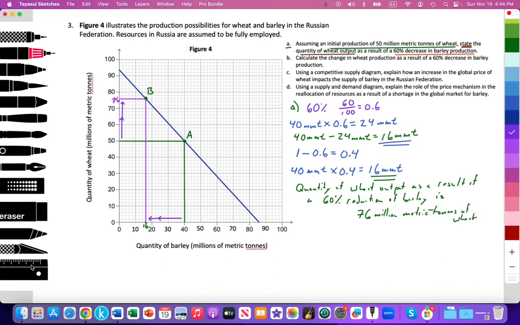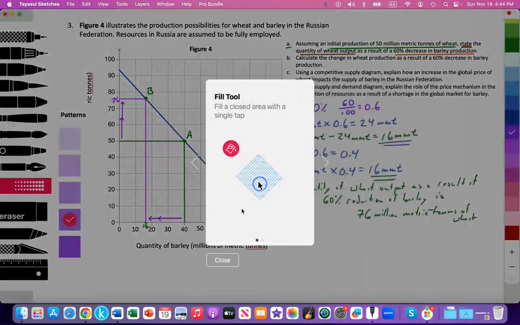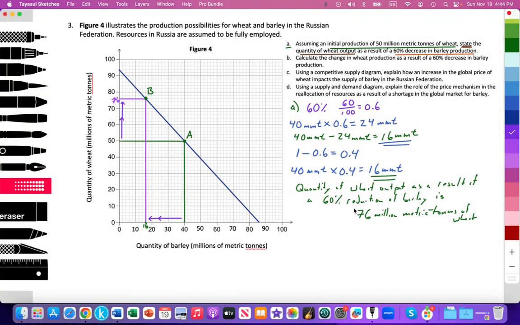Okay, so there we have our answer. I'll highlight that so it's clear for this video. So there's our answer, 76 million metric tons.